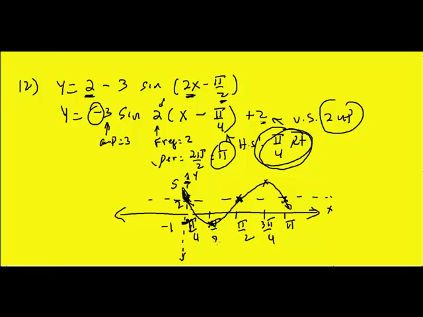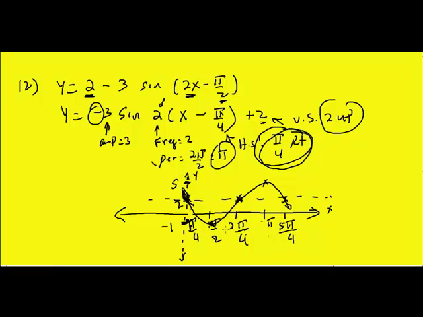And what do I get when I add pi over 4 to pi over 2? 3 pi over 4. What do I get when I add pi over 4 to 3 pi over 4? Just a pi. What do I get when I add pi over 4 to a pi?